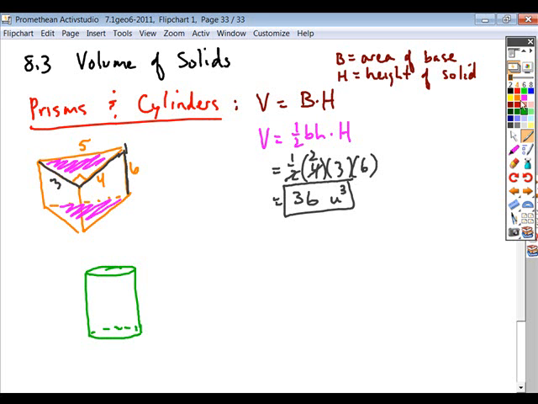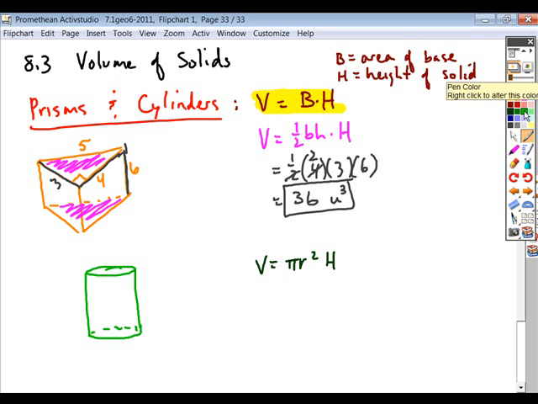So here when we look at the volume formula for the cylinder, it's still going to be capital B, capital H. But what is the shape of our base here? Circle. So the area formula that we're going to use is pi r squared H. So again, if you wanted, you could think of this as a separate volume formula, but it's based on the same formula. Volume equals the area of the base times the height of the solid.